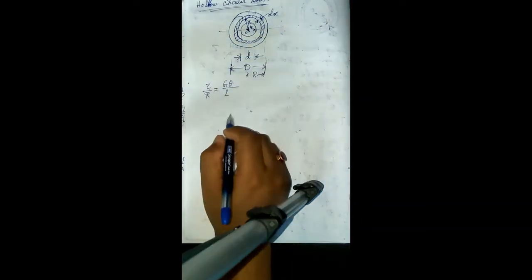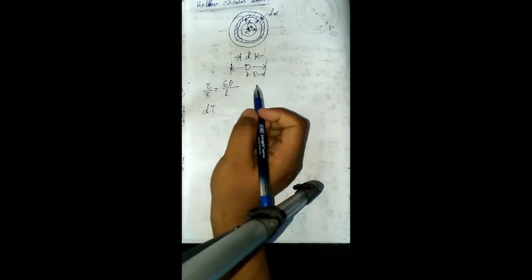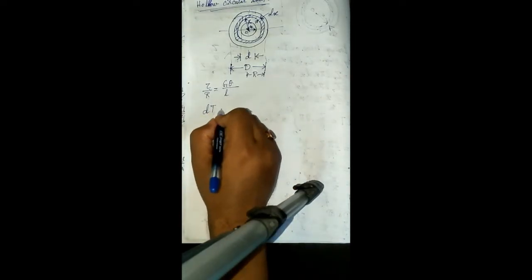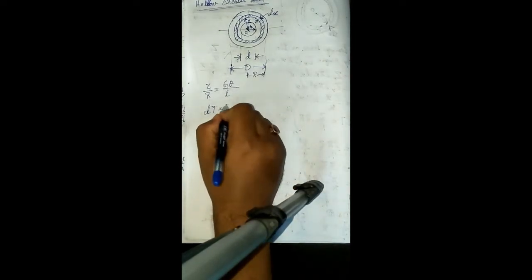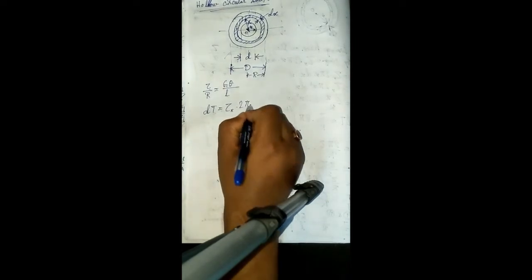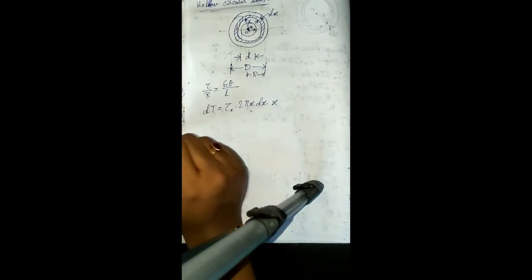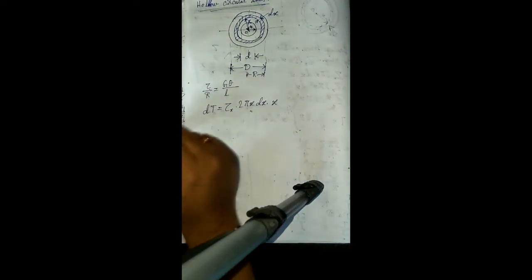Now the turning moment dT becomes tau x into 2 pi x dx into x, as we have done in the case of the solid shaft.